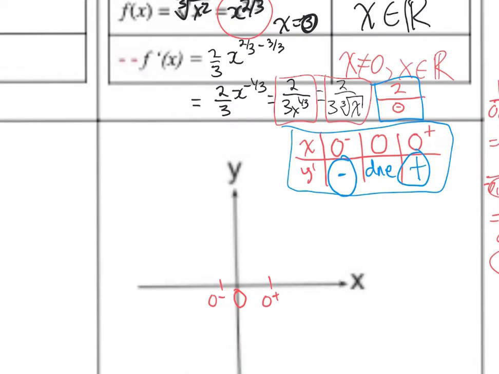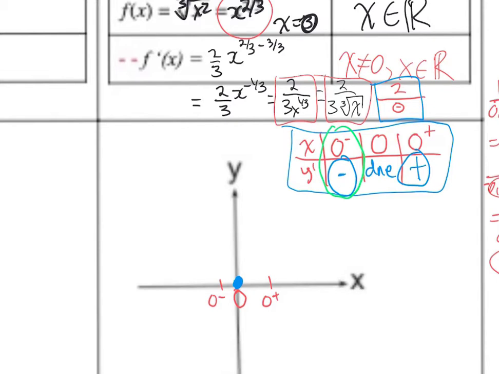Okay, so now let's take a look at the role of the slope in the shape of the graph at the x-intercept at x equals 0. I'm going to draw on that x-intercept, which we know is 0. This is for the original function now. When x is on the left side of 0, the slope is really, really negative.